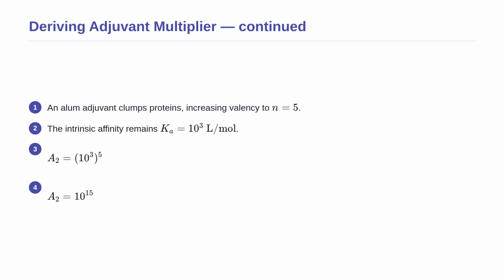When we plug this new valency into our formula, we raise 10 to the power of 3 to the 5th power. This mathematical step represents the molecular explosion in binding strength. The result is 10 to the power of 15, a staggering 1 quadrillion.